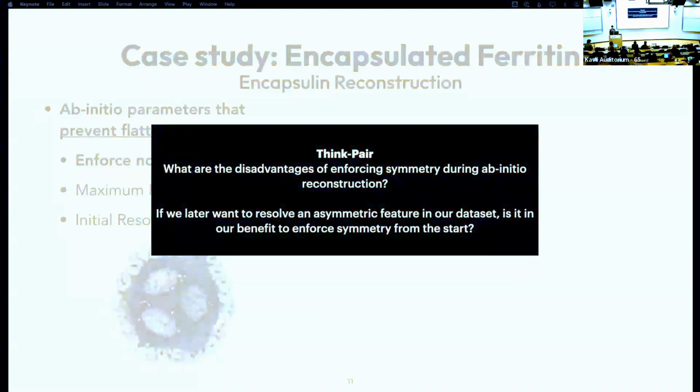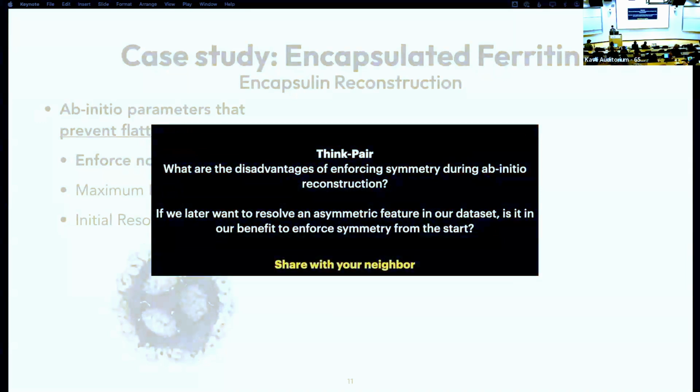One thing to note is that it's not always the case that enforcing symmetry during ab initio reconstruction is undesirable. Some of the time it might actually be necessary. For example, we might not initially expect there to be any symmetry breaking features in a data set, and we might want to process the entire data set with symmetry enforced all the way until refinement. Then once we have a high resolution consensus structure, we could use tools like 3D classification or 3D variability to reveal some of these symmetry breaking features.